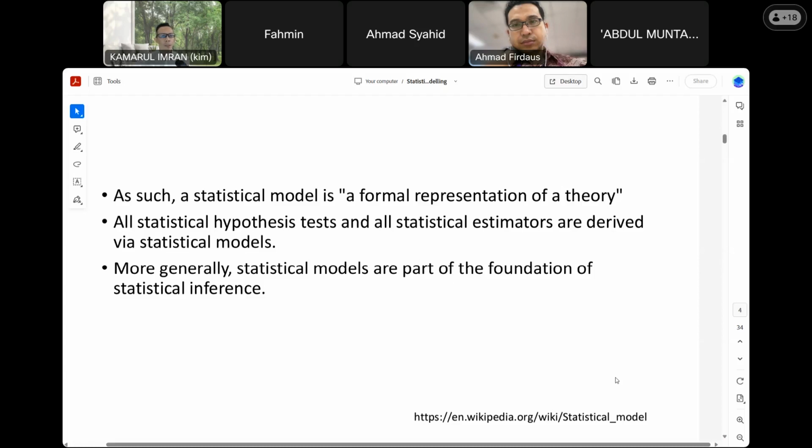You think that body weight for different people is different because it depends on whether you exercise or not, how long you exercise, what kind of food intake, how many calories, are you stressed or not, and so on and so forth. That is a statistical model, a formal representation of a theory.